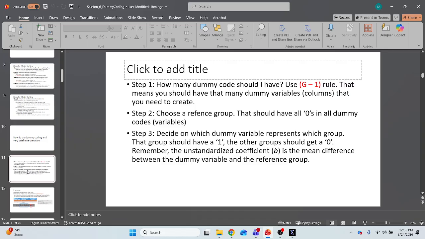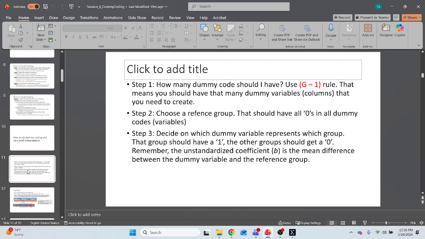So moving ahead, what we're going to be doing is recoding and putting them in a different variable. A variable, again, in SPSS is a column, right? So you'll be creating a different column. Now, step number 1 is deciding how many dummy variables should I have. And the rule is G minus 1.